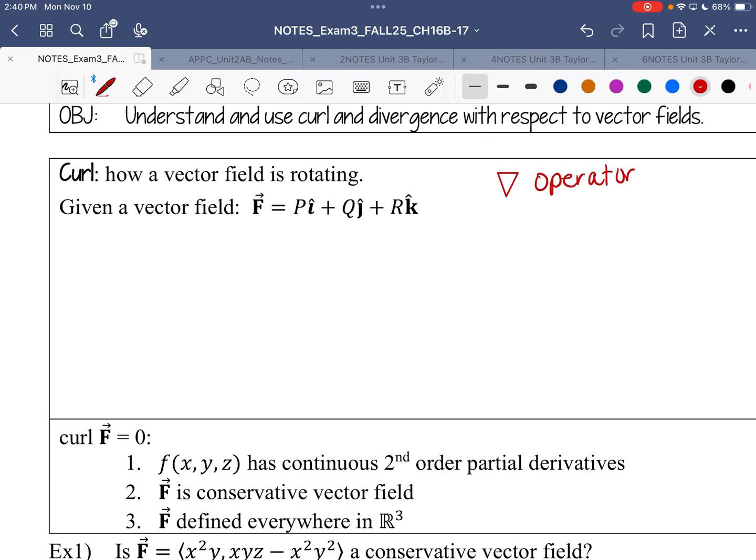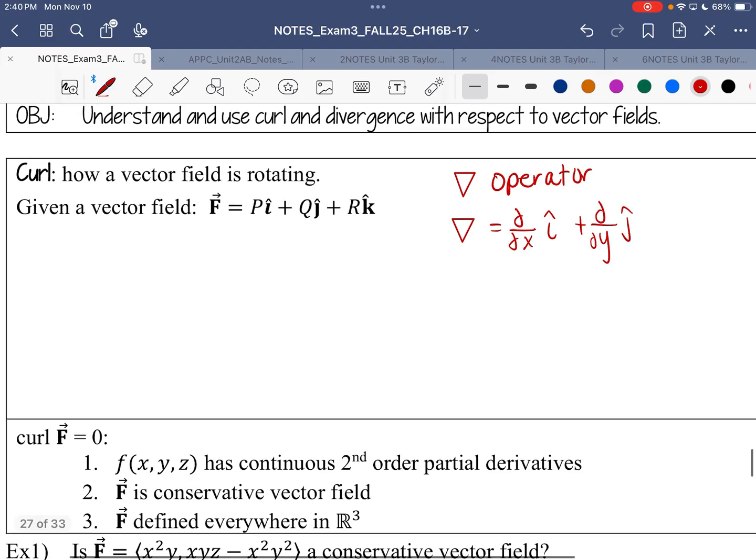If I said just a little upside down triangle, you're doing the partial derivative with respect to x of whatever is in the I component. Then with respect to y for the j component, and then z for the k component.